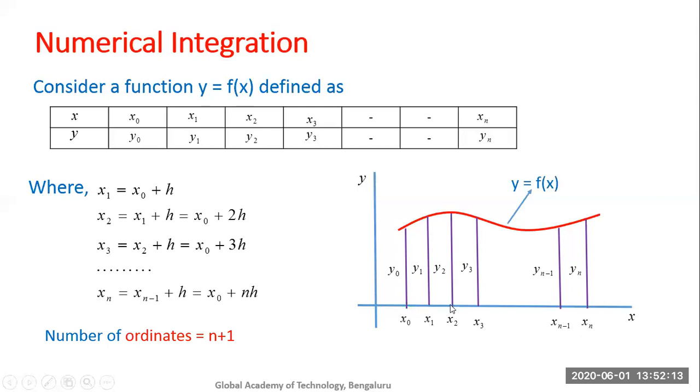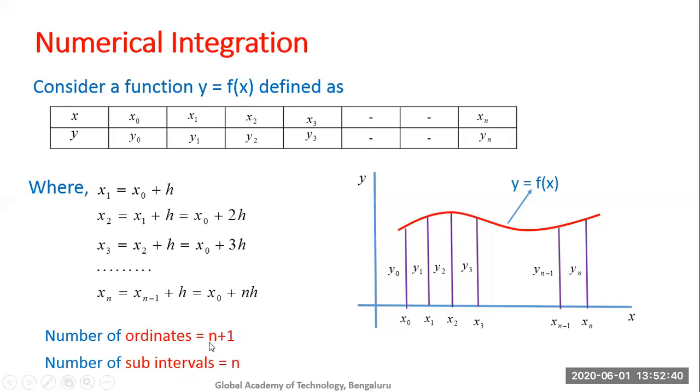Each interval will have the same length, which is equal to h. If you count here, x0 to x1 is the first one, x1 to x2 is the second interval, x2 to x3 is the third interval, and xn minus 1 to xn will be the nth interval. So the interval x0 to xn is divided into n subintervals.